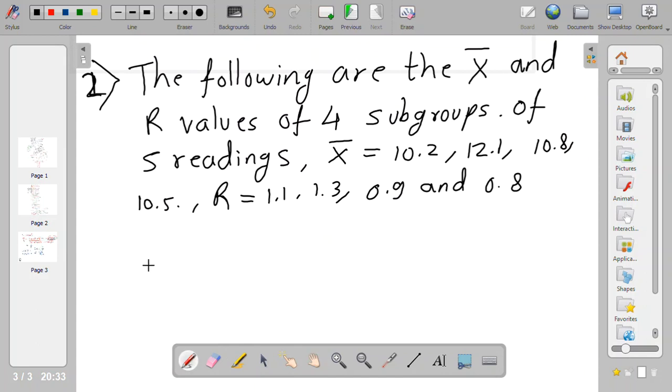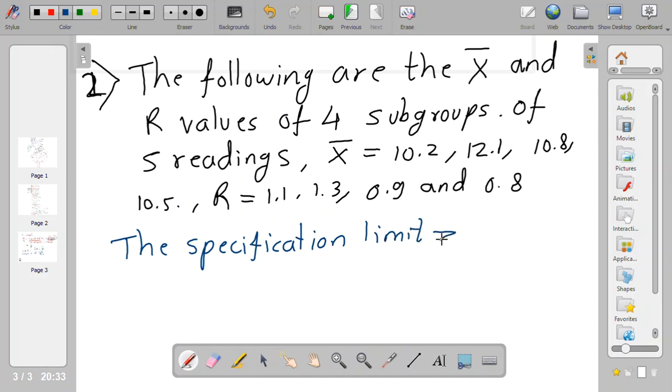In this question the specification limit is also given, as 10.7 plus or minus 0.2.